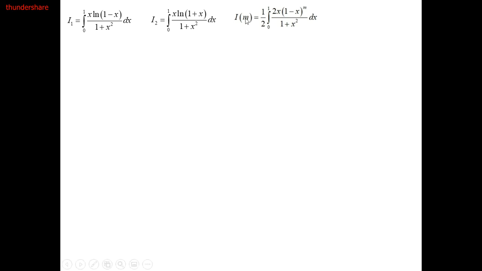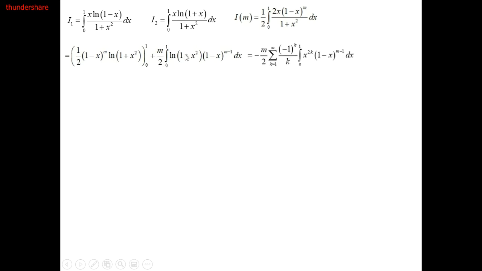I will consider that I(m) equals half times this integral, and if I take a derivative with respect to m, and after that substitute m with 0, I will obtain the original one, which is I1. So I can integrate by parts, and this value will equal 0, so we will obtain this value, and this one will remain.